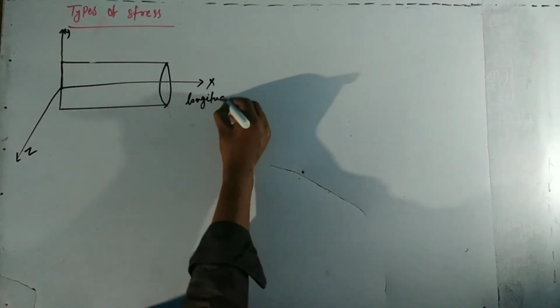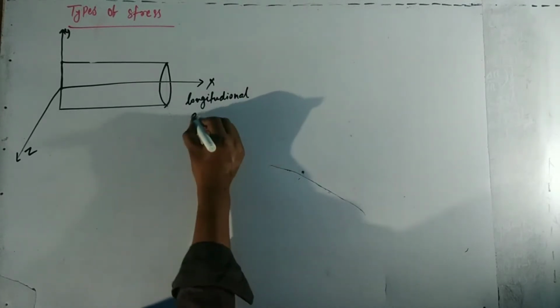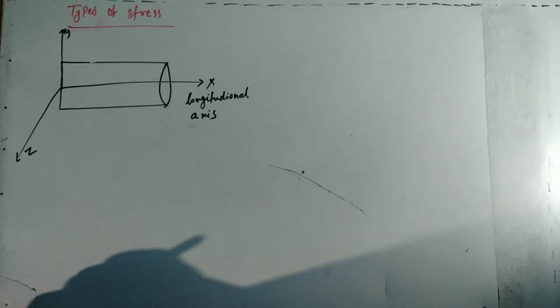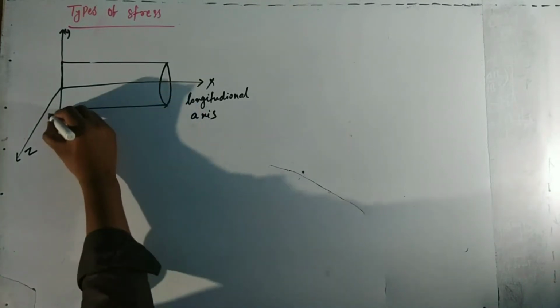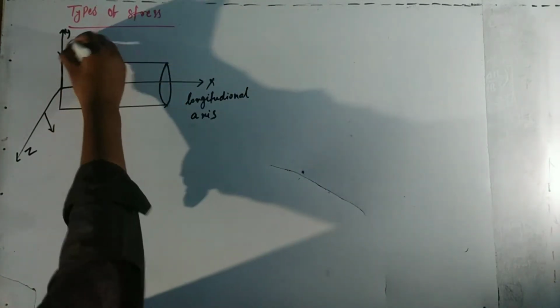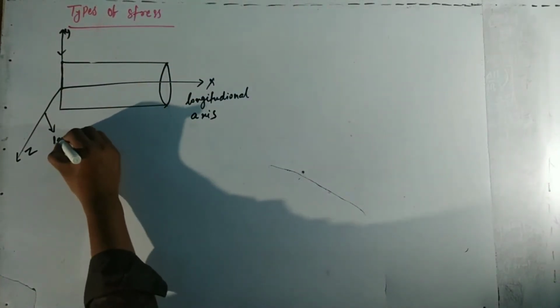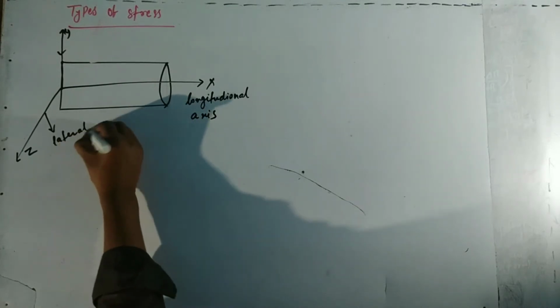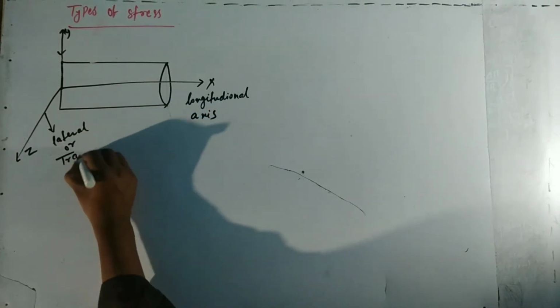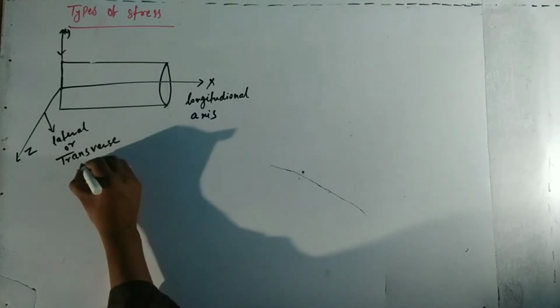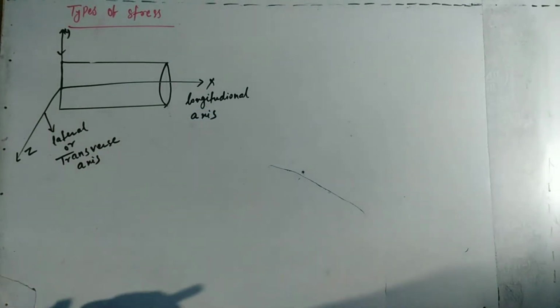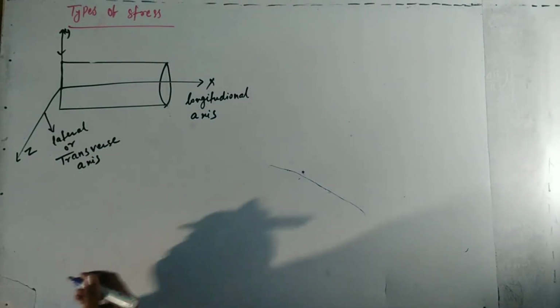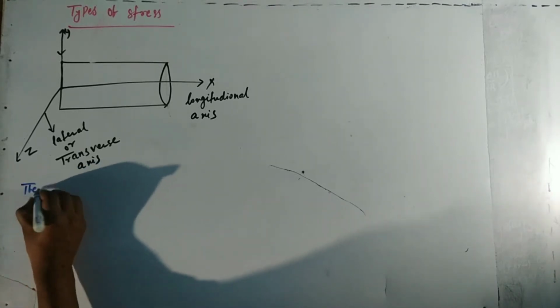So the x-axis is called the longitudinal axis and the remaining two axes, which are perpendicular to the longitudinal axis, are called lateral or transverse axes. And what is the longitudinal axis?